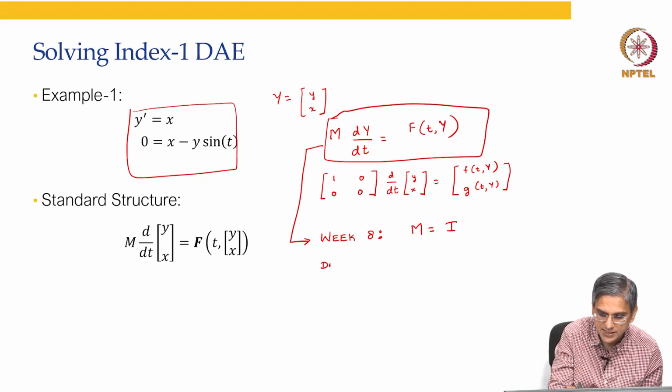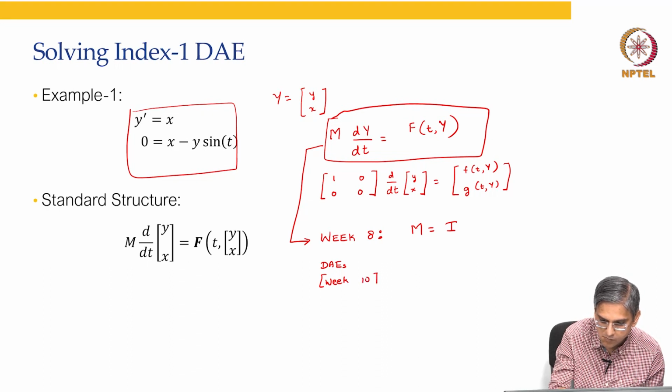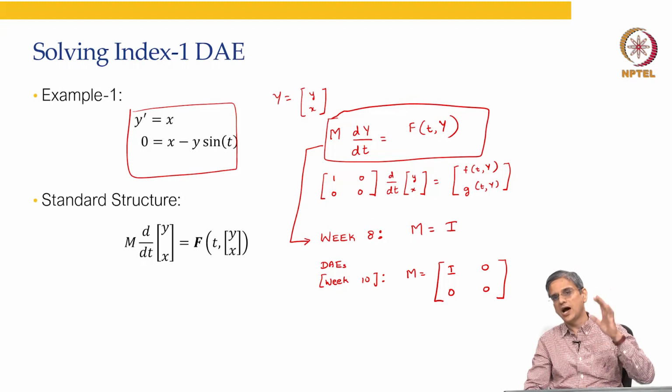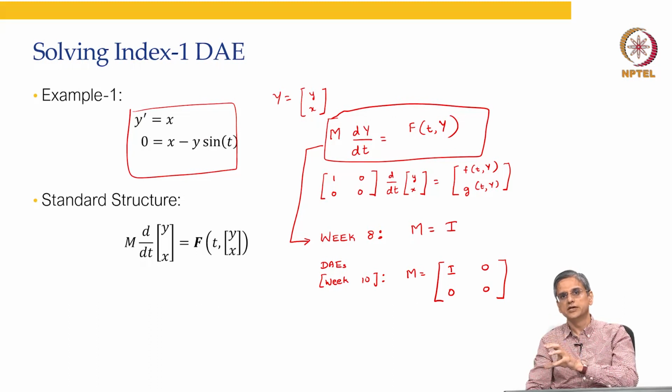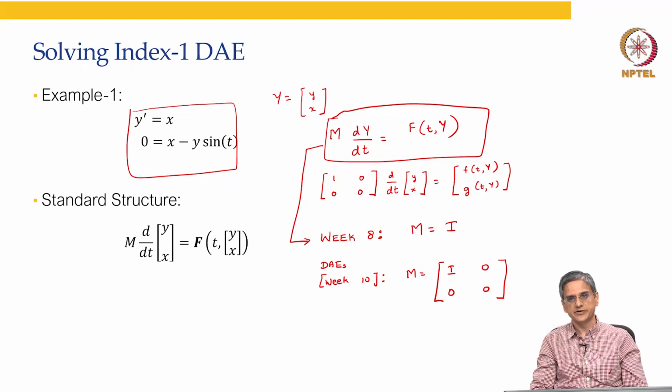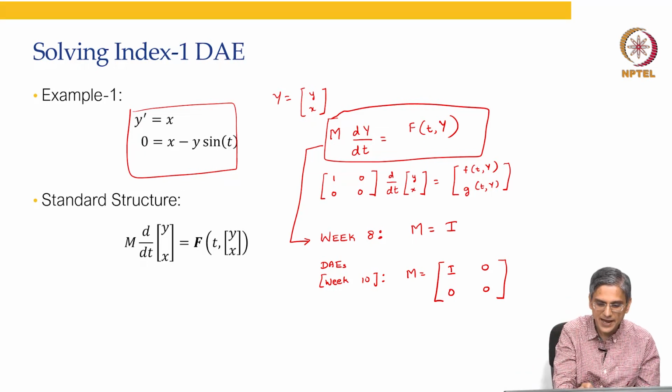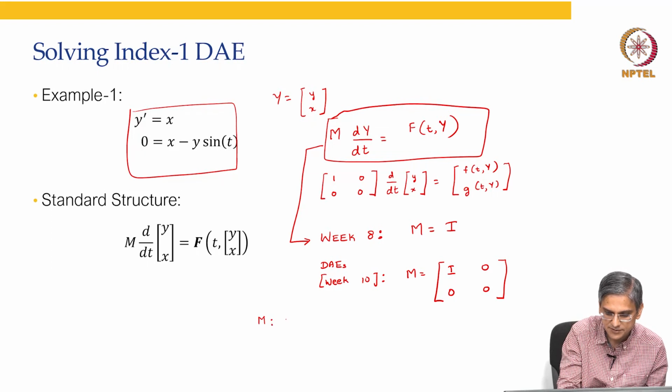For DAEs, M has the form I 0 0 0, where I is the ny-dimensional identity matrix and 0 is the nx-dimensional 0 matrix. Do not worry about what I just said. This is the last thing that I am going to talk about in this video. In the next video, I am going to cover a numerical example. That is when you will learn how to do this using MATLAB. M is known as a mass matrix.